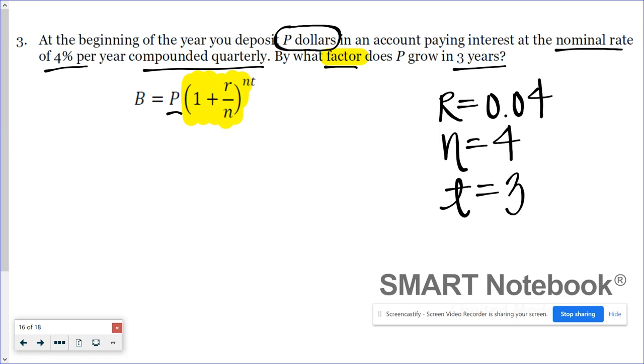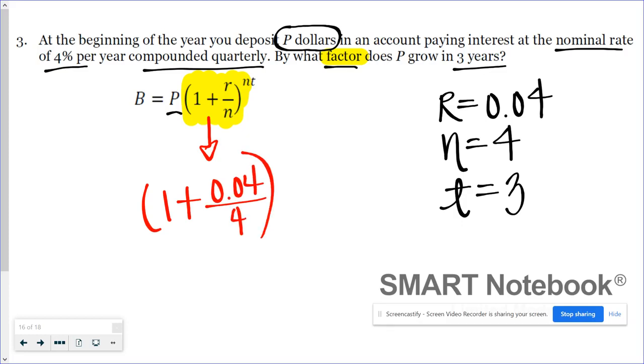So I'm going to use this part of my formula: 1 plus 0.04 divided by 4, raised to the 4 times 3 power. 4 times 3 is 12. I'm just going to calculate this because that's the factor. Whenever you multiply two things together, those two things are called factors. So P is a factor, and the rest of this formula is the other factor. That's simply what I'm trying to figure out.